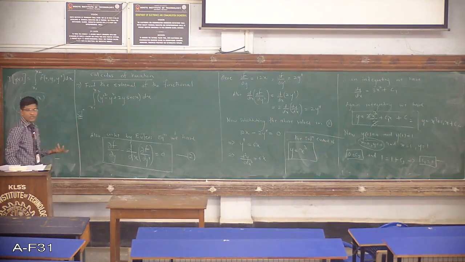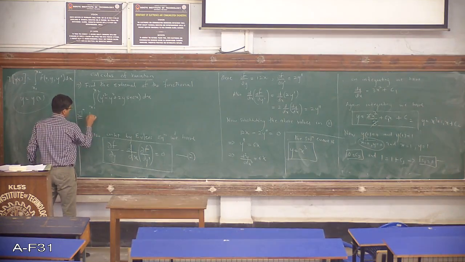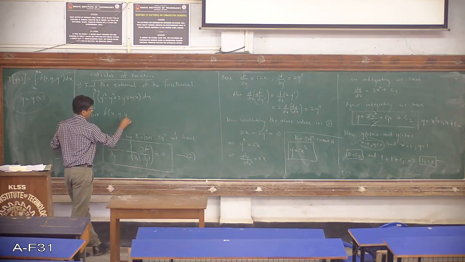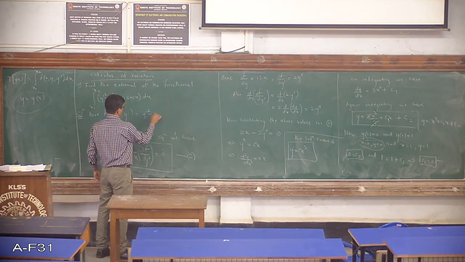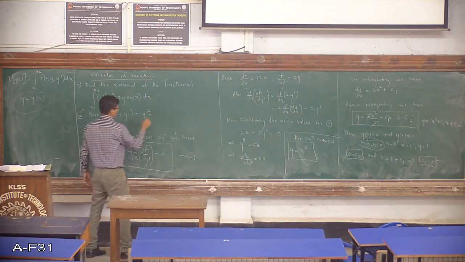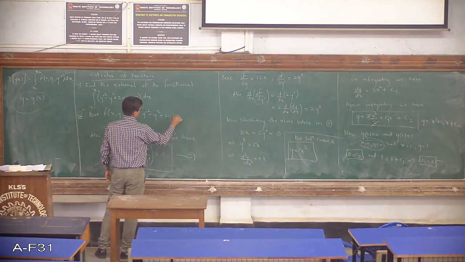Same procedure, same method of evaluation. So here again you write the given functional F(x, y, y prime) equal to y prime square, that is dy by dx the whole square, minus y square plus 2y sec x, right?